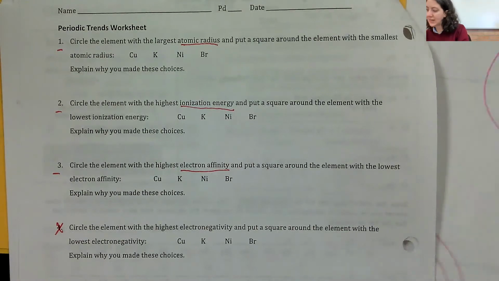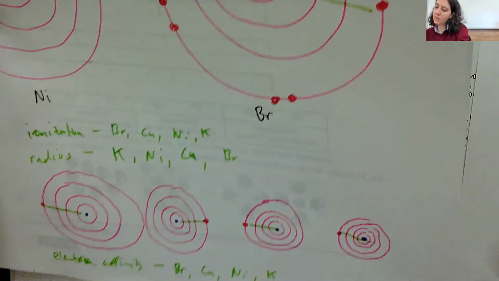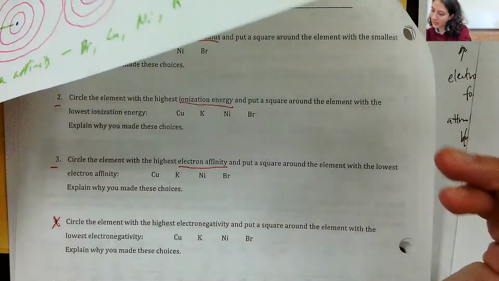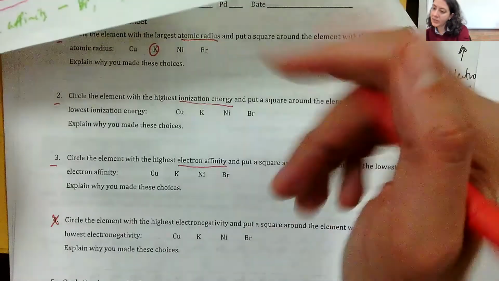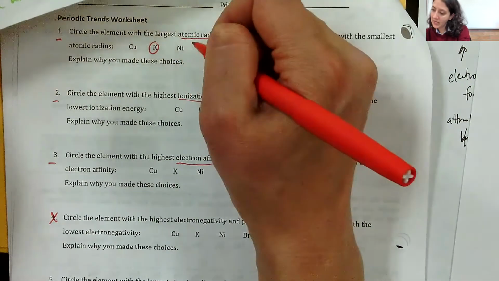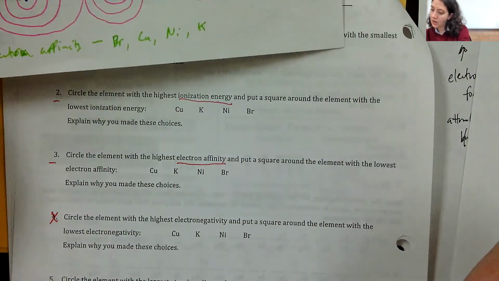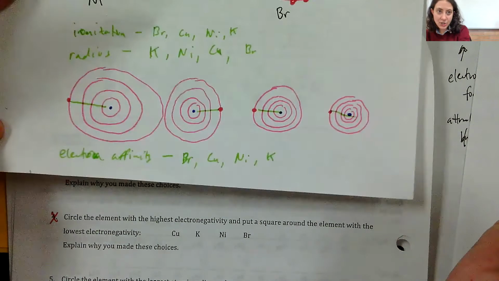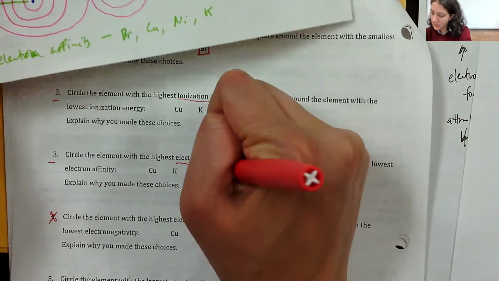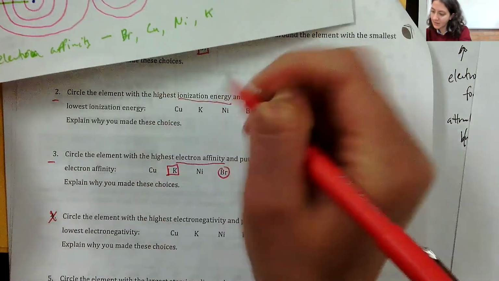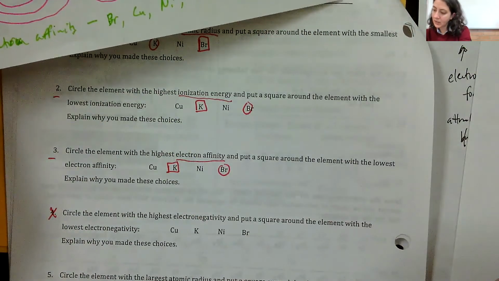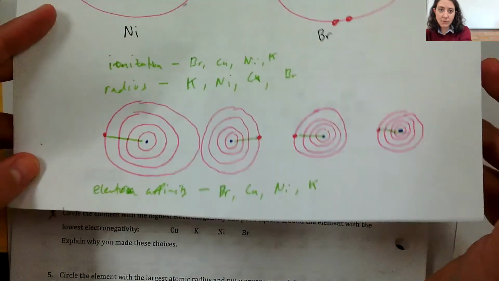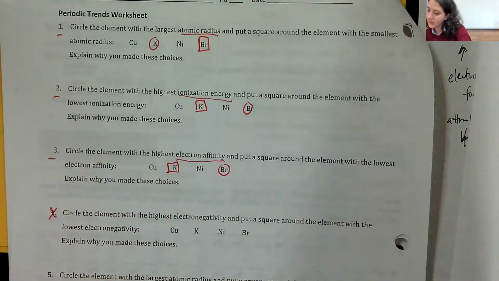The atomic radius one, what did we say? Atomic radius was potassium has the largest and the smallest was bromine. The highest ionization energy was bromine and the smallest was potassium. And the same thing was true for electron affinity. So those are all kind of the same. Those are all those answers.